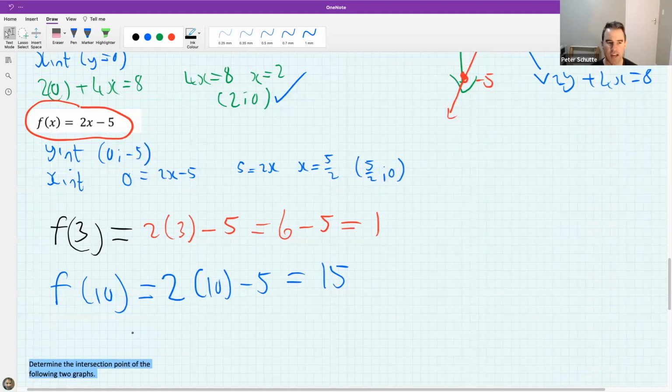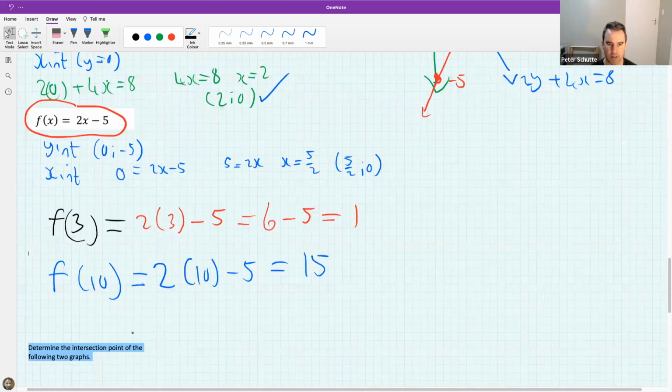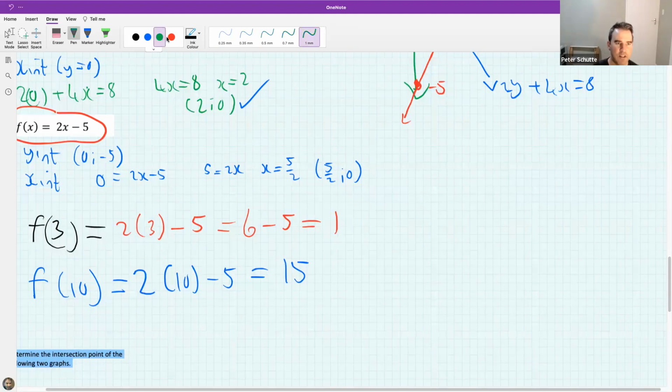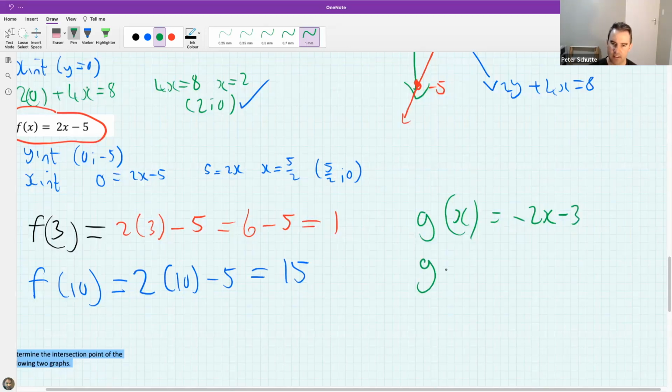Now, because today is a lot about vocabulary, I want to test your vocabulary in other ways. So if I said to you, the g of x is minus 2x minus 3, and then I said to you, what is the g of minus 3? Could you tell me what that is using function notation?